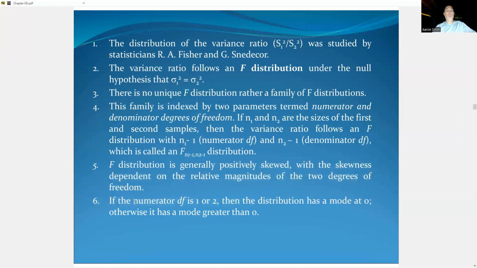If the numerator degrees of freedom is 1 or 2, then the distribution has a mode at 0. Otherwise, the mode is greater than 0. So what this is saying is that if the numerator degrees of freedom is 1 or 2, then the high point is at the y-axis of the distribution. Otherwise, it's to the right of the y-axis.